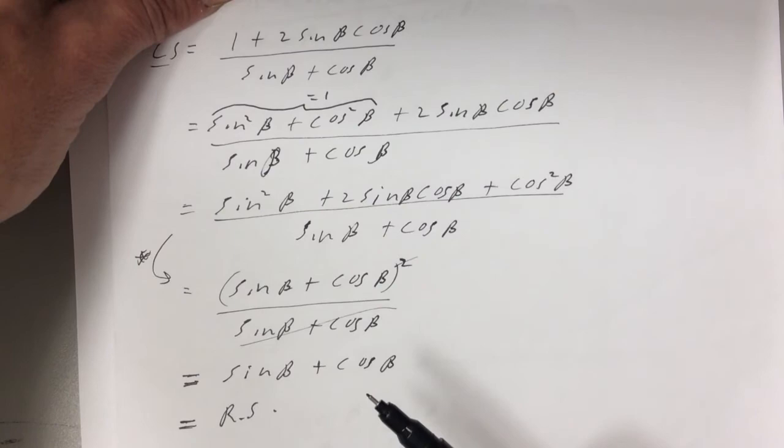Now there are a lot of other identities that you can try and practice and solve. There's a website I found, and I'm going to just show you a little bit of it. There's some trig identities on here with some solutions.